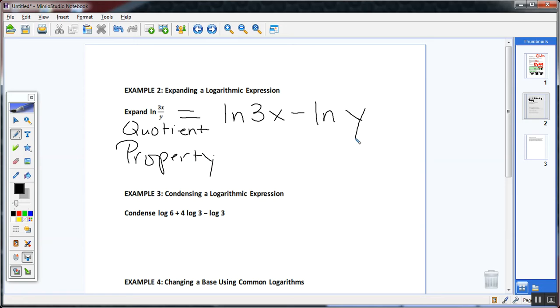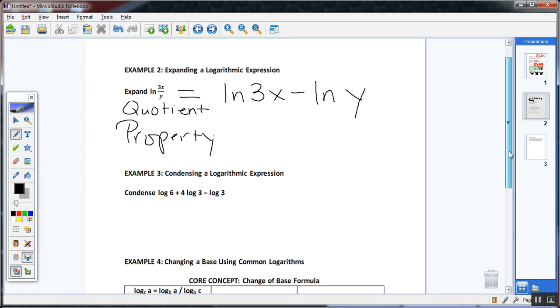Take multiple logarithms and rewrite it so it's down to one logarithm. Condensing, going from multiple logarithms down to one logarithm. The word condensing might be like the word that we use a lot in mathematics. It starts with an S. Condensing means basically simplify, okay? So condensing a logarithmic function.